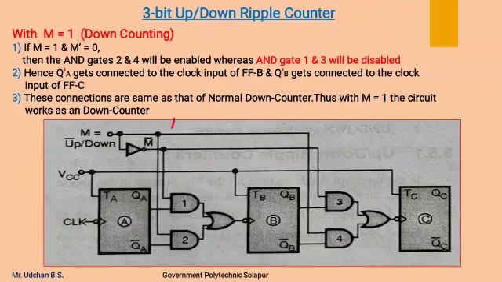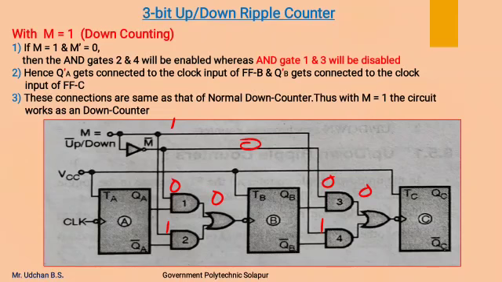Now this line will be 1 and this M complement line will be 0. So as M is 1, AND gate 2 will receive now 1, AND gate 4 will receive now 1, and as M complement is 0, AND gate 1 will receive 0, AND gate 3 will receive 0 as one of its inputs. Irrespective of other input, AND gate 1 will output 0, and AND gate 3 will output 0.